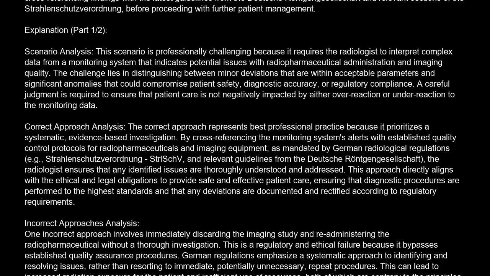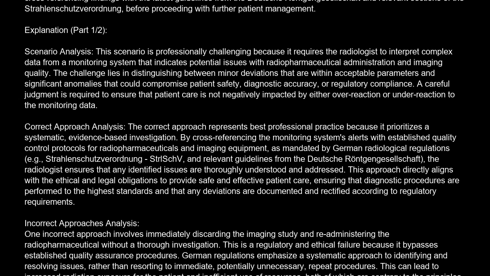This approach directly aligns with the ethical and legal obligations to provide safe and effective patient care, ensuring that diagnostic procedures are performed to the highest standards and that any deviations are documented and rectified according to regulatory requirements. Incorrect approaches analysis.